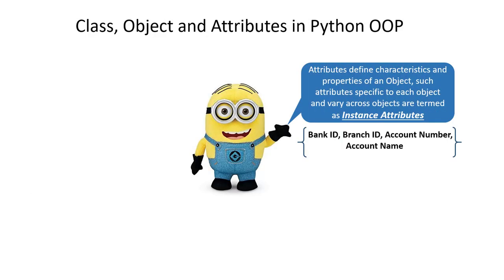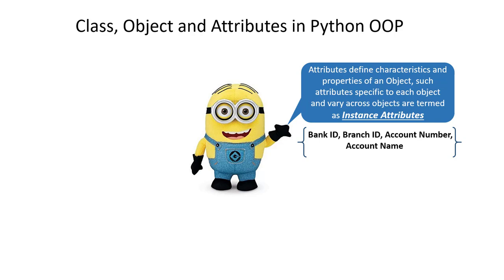Attributes that define characteristics and properties of an object or the instance of a class, which are specific to each of the objects created for a class, are termed instance attributes. For example, in the bank account creation example we have considered, the bank ID, branch ID, account number and account name could vary across different bank account member details.